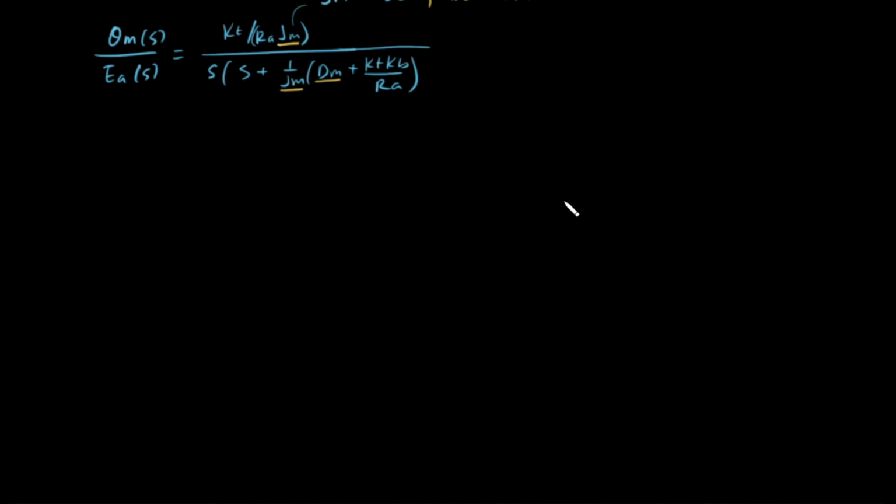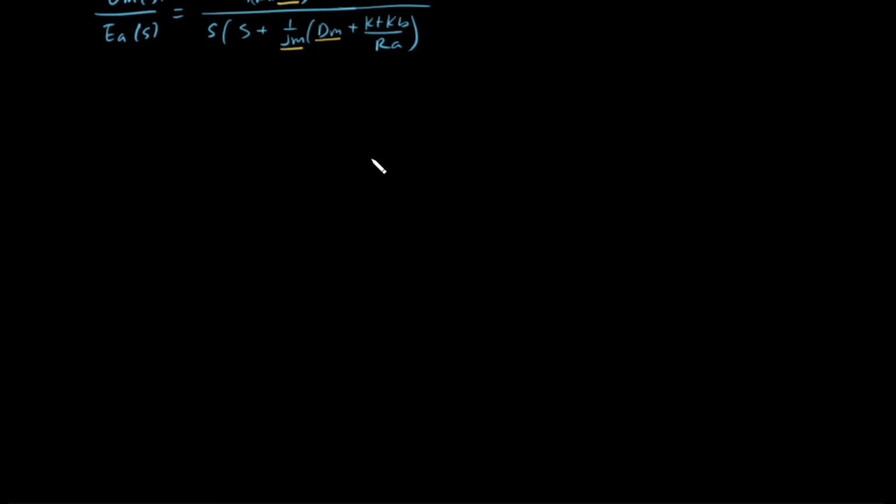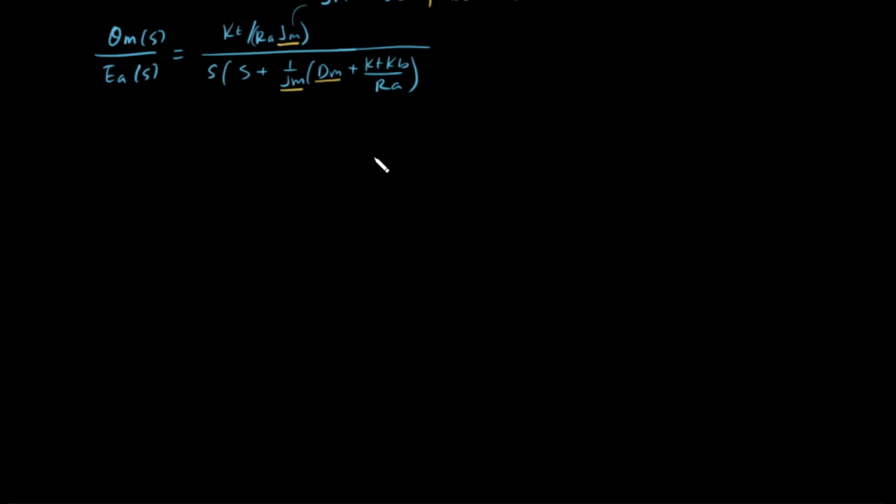So we saw earlier when we have these loads attached to a motor that we can say that the motor dynamics, or the sum of applied torques, is equal to the impedances of the shaft. In this case, this is JM, which is the motor, plus JL, N1 over N2 squared.